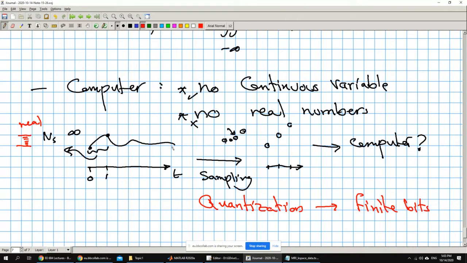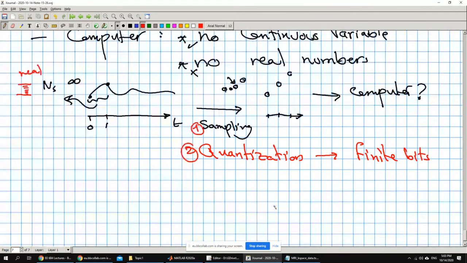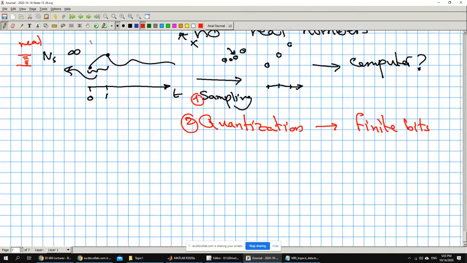Okay, so once you do sampling and quantization, you can take everything inside the computer. Basically an image is just a sampled version of a continuous two-dimensional function, basically in the spatial domain.